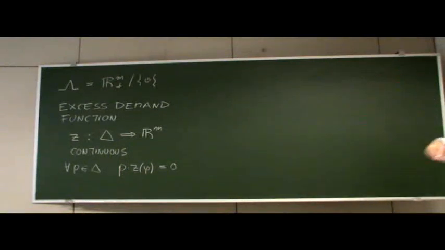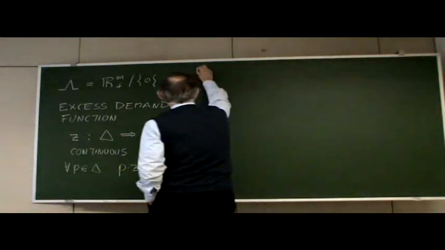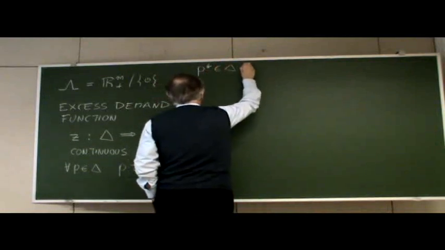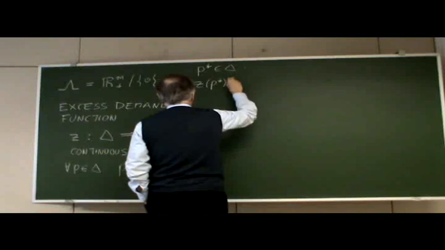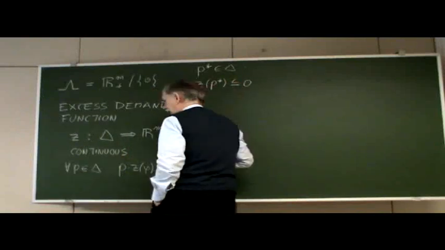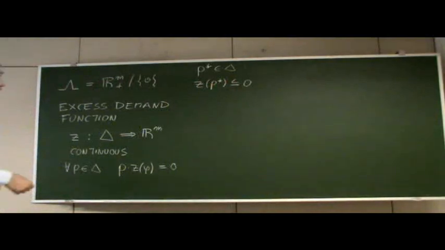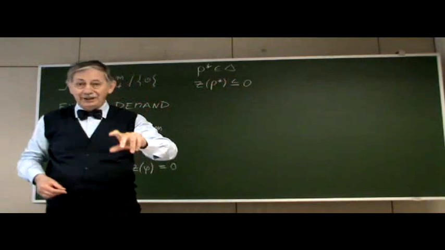Given all these assumptions, it is possible to prove the existence of a p star in delta such that z of p star is less or equal to 0. Implicitly we admit free disposal, and therefore equilibrium can be defined in this weakened form.